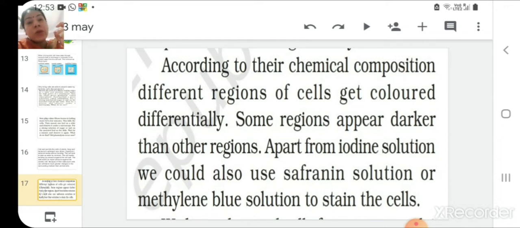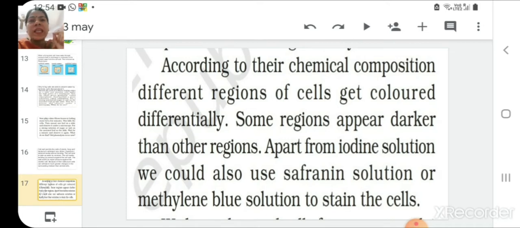At that time I told you that if you want your visualization to be very clear, we need to stain the slide. Actually, it is not a staining of the slide, it is a staining of the sample. So what exactly is staining? Why is staining required? What are the things with which staining is done? What is the importance of staining? There are so many questions which can arise in your mind.